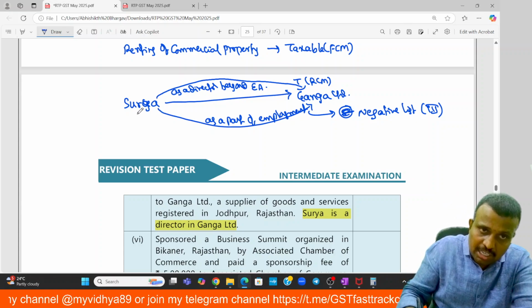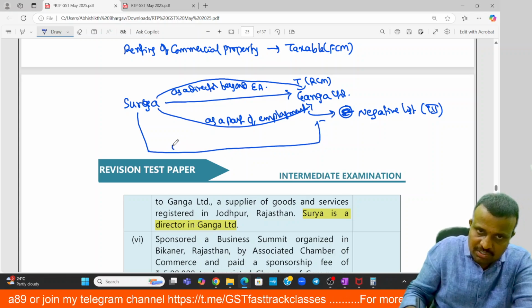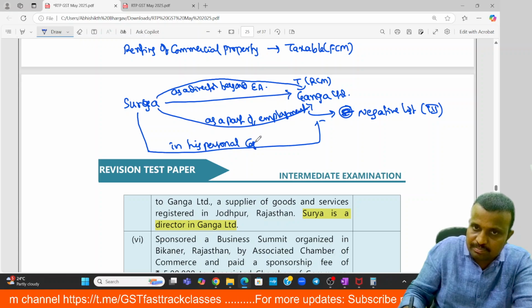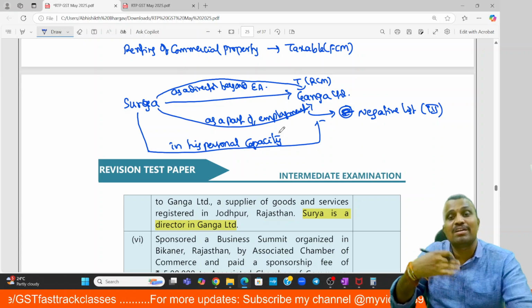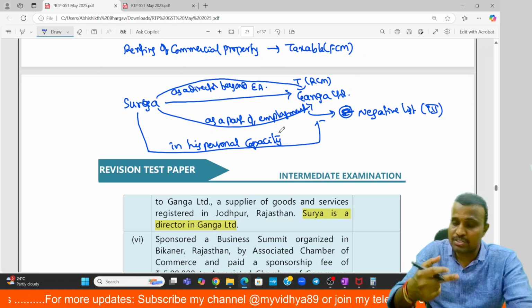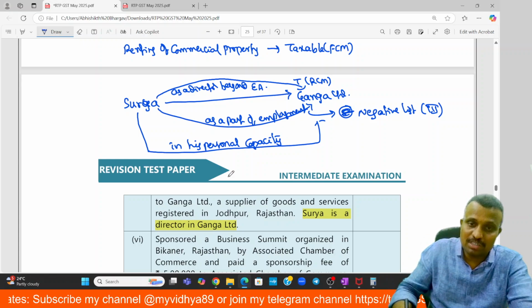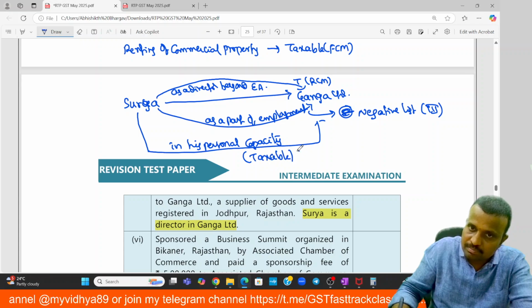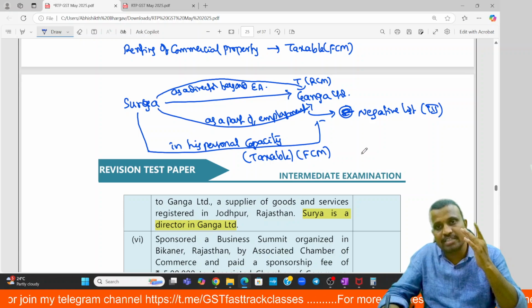But if the director is providing any services in his personal capacity, he is not providing the building on rental basis as a director. He is providing the building on rental basis to the company as a general landlord. So in his personal capacity, this is taxable under forward charge mechanism.